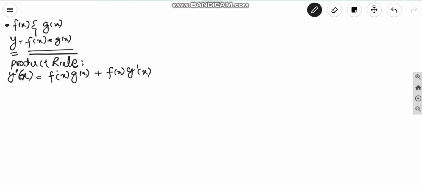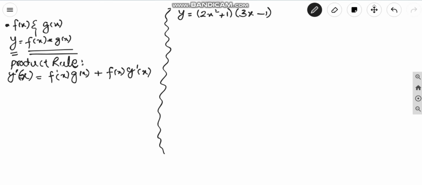In order to make it more clear, let's consider an example. We have a function 2x square plus 1 and 3x minus 1. Consider this is the first function like f of x and this is the second function like g of x, and we have to find out the derivative of the product of these two functions.